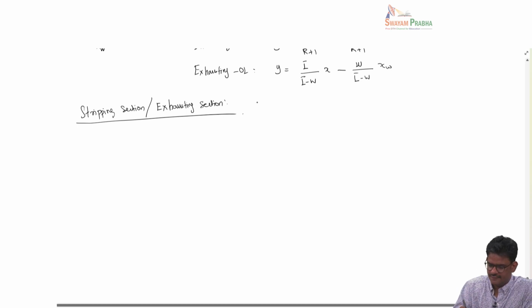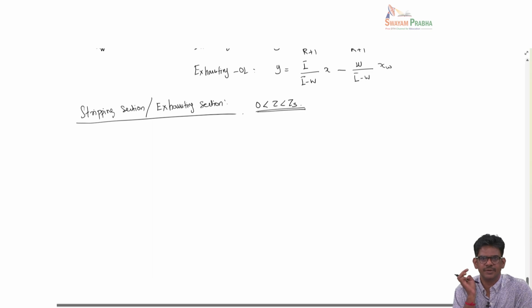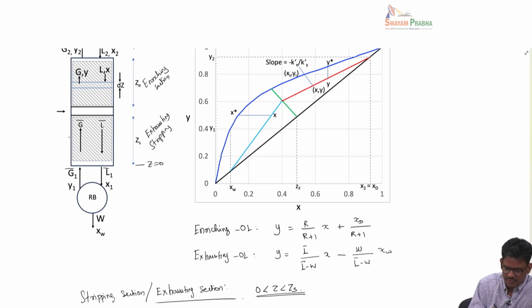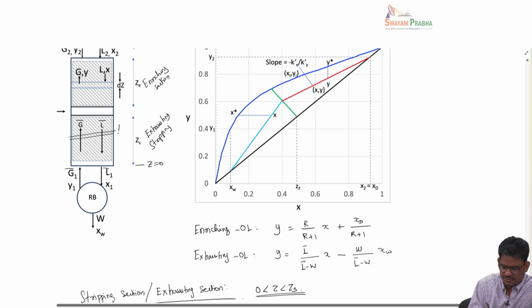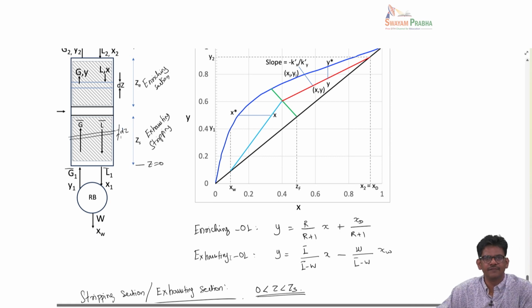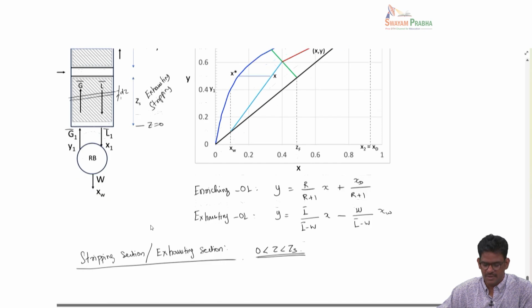So here we are saying that z goes from 0 to zS, where S stands for stripping. So we take a small width here, dz, and then we write the mole balance.